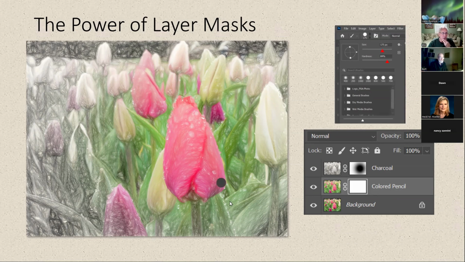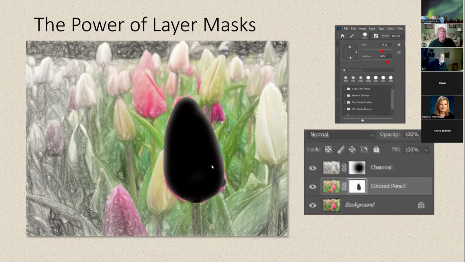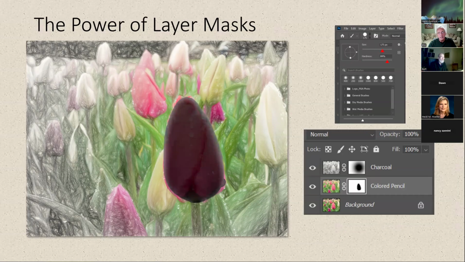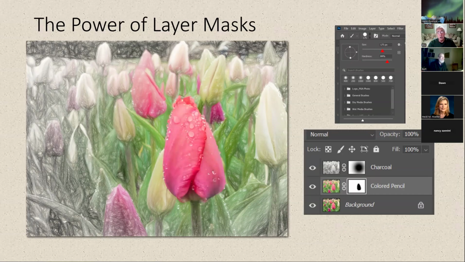And what I wanted to do here was instead of having this diffuse blob, if you will, on the mask, I wanted to paint the tulip precisely so that I have just that tulip popping out. And so when I'm done painting the mask with that black paint, it essentially has now burned a hole down through that layer. And now I'm seeing the raindrops on the original background layer.